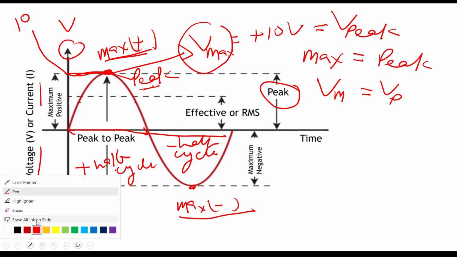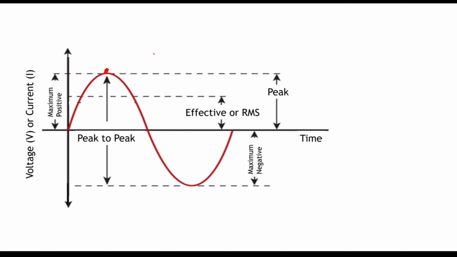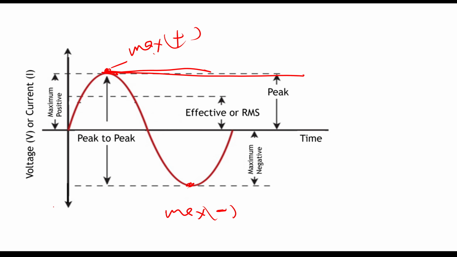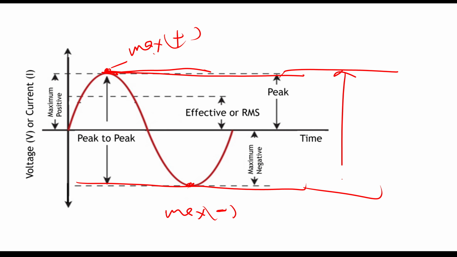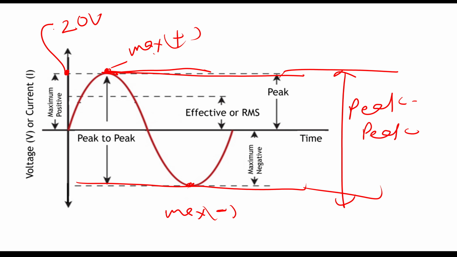If this is the maximum on the positive side and this is the maximum on the negative side, then from the maximum positive to the maximum negative, from here to here, is the peak to peak. For example, if I write this is plus 20 volts, and here it is minus 20 volts.